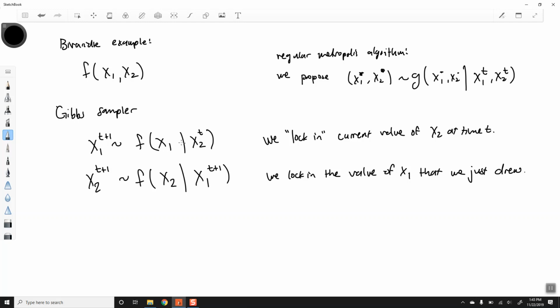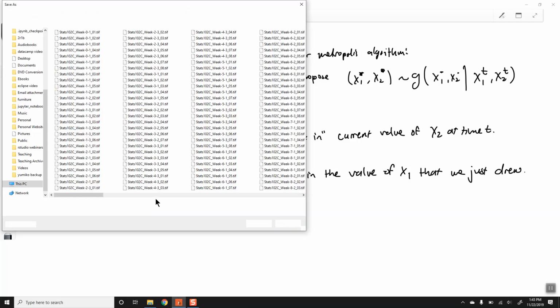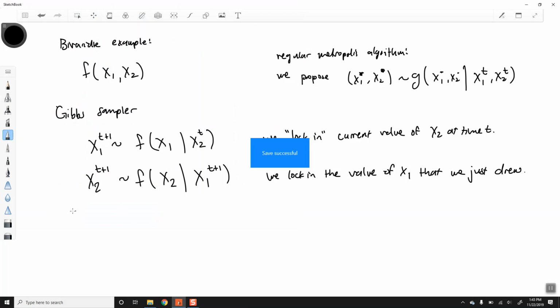So it requires that we figure out the conditional PDFs, and we generate that. And then once we get a new value here, we generate a new value over here. And then we iterate, and repeat.